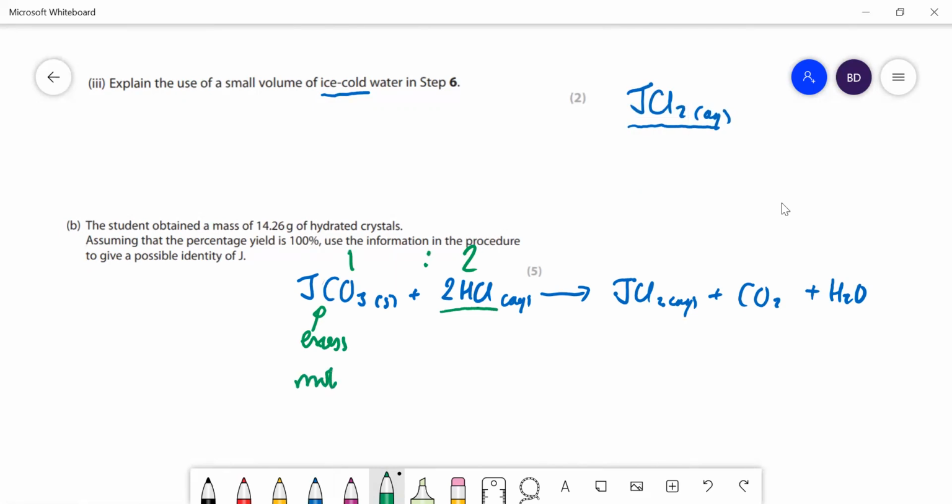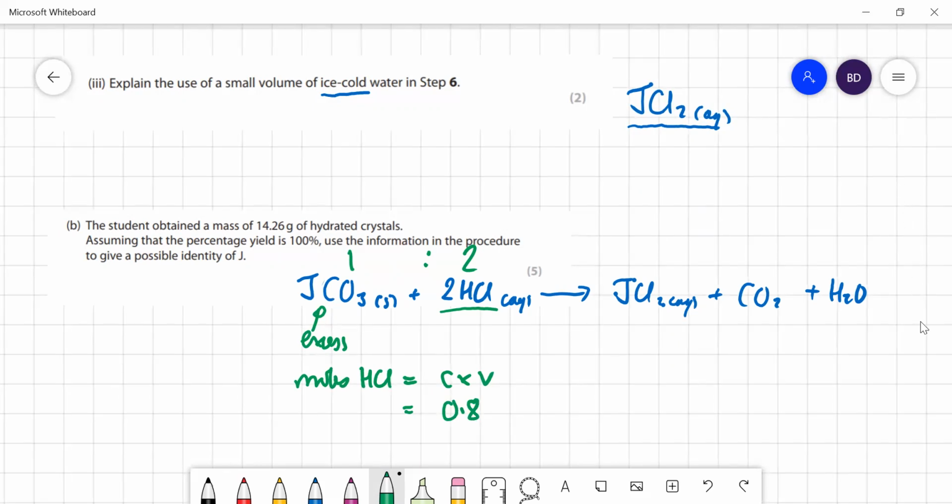So moles HCl is going to be the concentration times by the volume, and the concentration there, they told us it was 0.08, I think. Sorry, 0.8, beg your pardon. 0.8 moles per decimeter cubed, if you look in the earlier part of the question. I'll just scroll that up actually, just to show you.